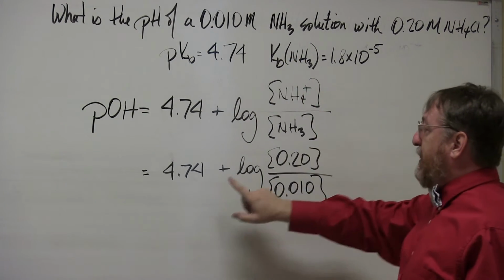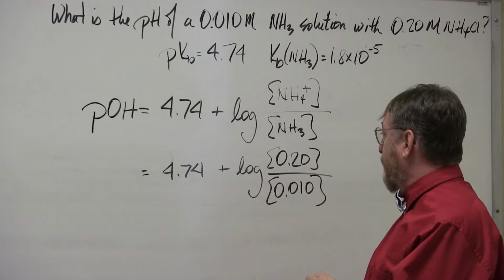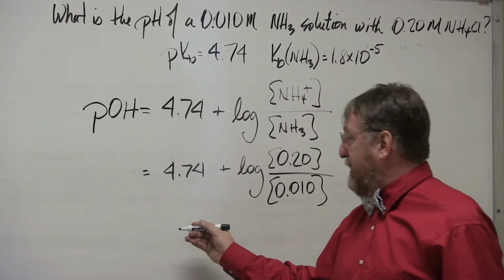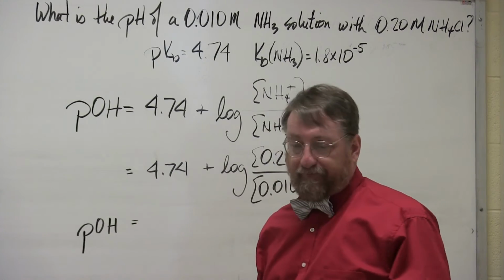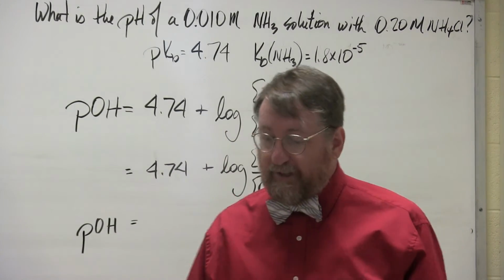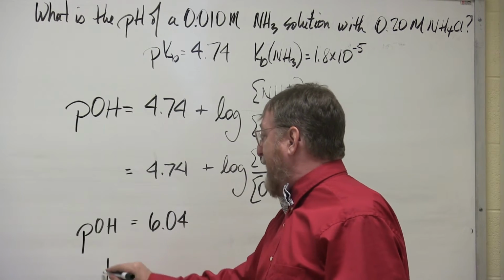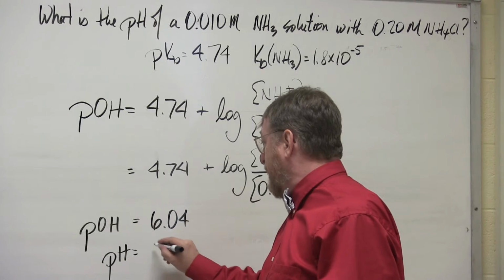So I'm expecting the pOH to go up or the pH to come down, whichever way you want to think of it. But this, I'm calculating pOH. So I go ahead and plug this in, and the pOH is going to equal 6.04.